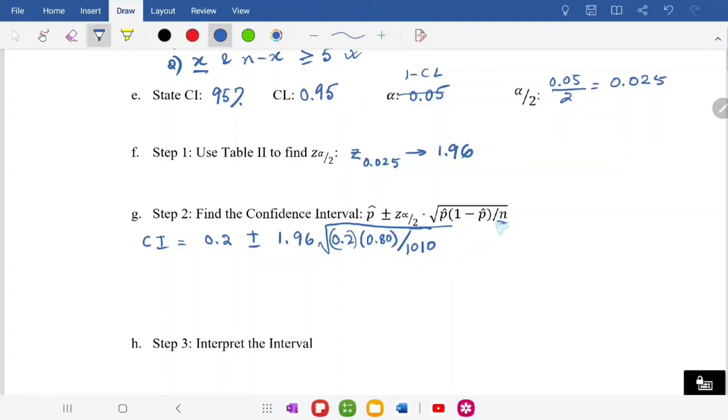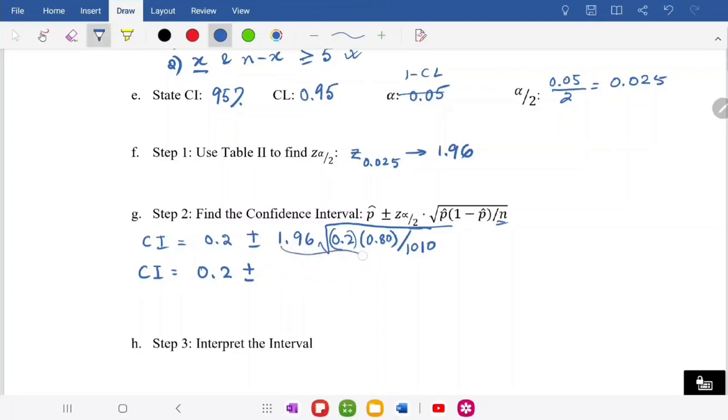And this is division, all right? This slanted line means division. Do not end up multiplying. I've seen that happen all too frequently, so I just wanted to alert you to that. This is division.